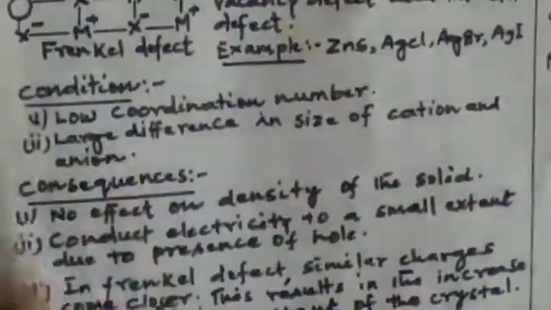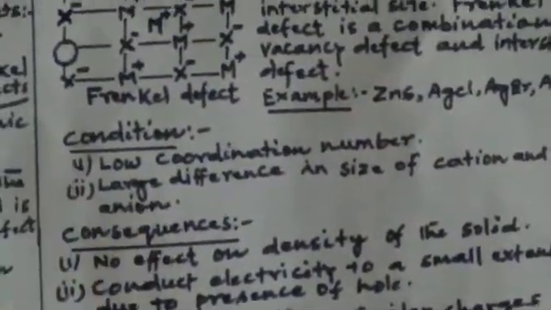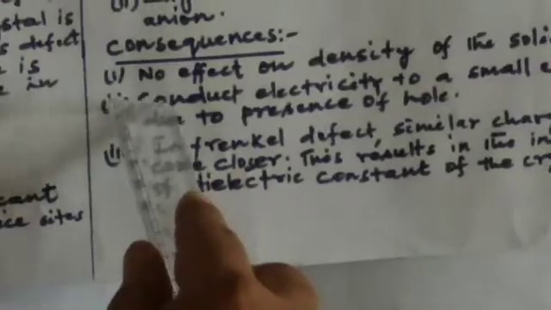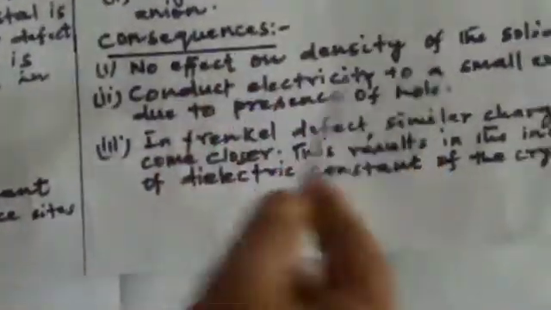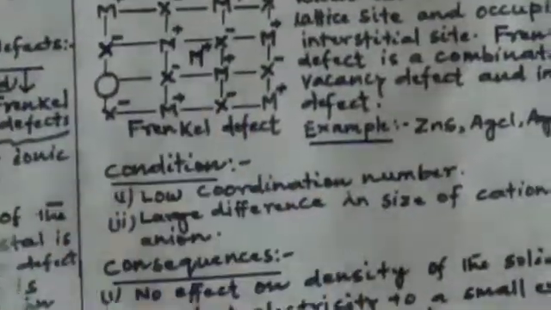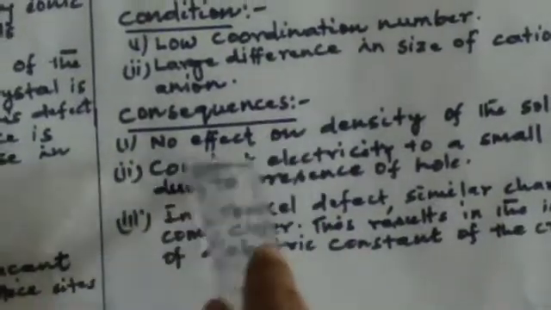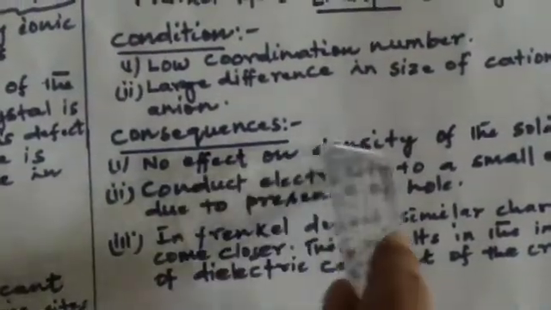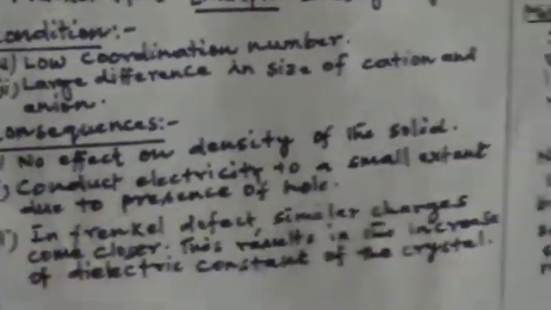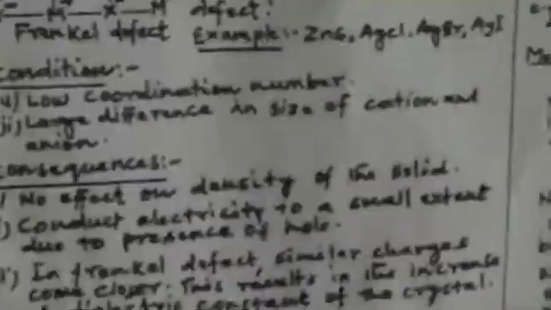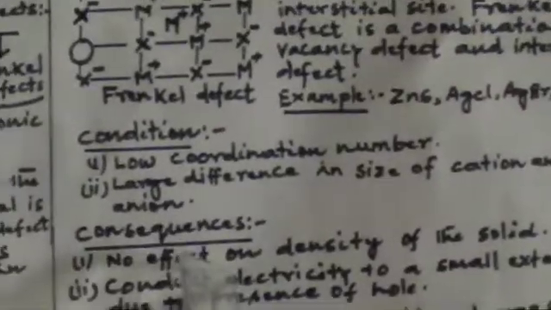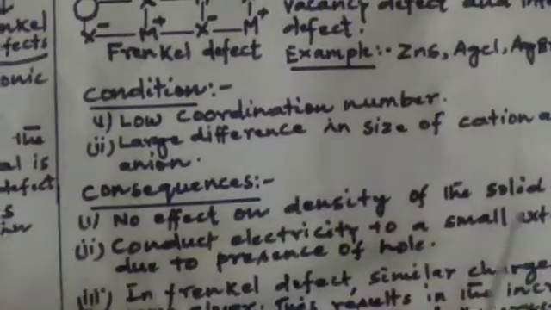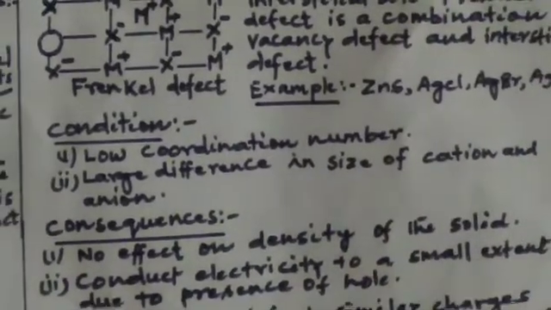This is the first consequence. Second one, due to the presence of holes, it conducts electricity to a small extent. That means the substance showing Frenkel defect also has electrical conductance to a small extent.